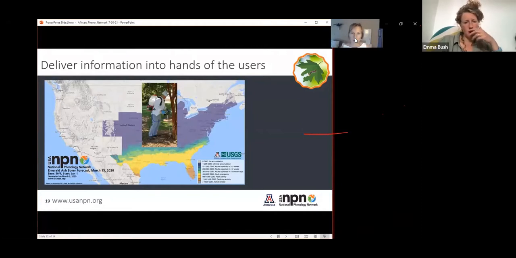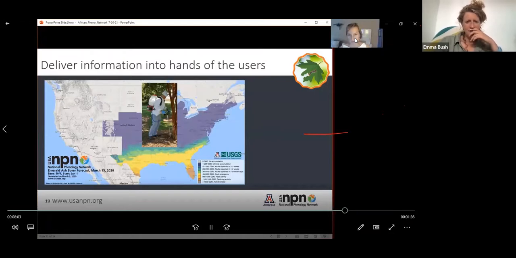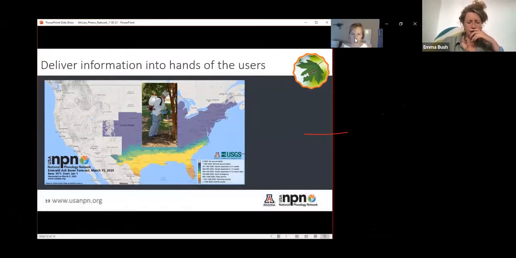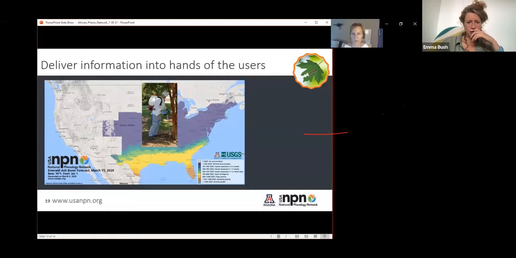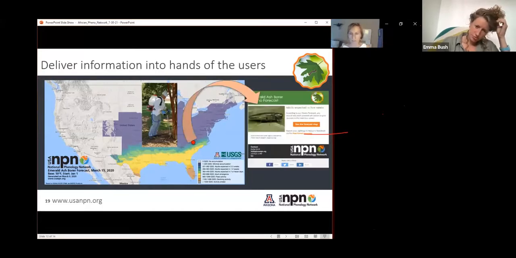So in this case, this is a map for adult emergence in emerald ash borers, which are important problematic insects that managers are trying to control. And what we do is this forecast on a daily basis updates and shows where those insects are expected to emerge. But observers can either come to our website and see those maps, or they can sign up to receive email-based notifications which will prompt them at the proper time to go take the management action that is necessary because of the emerging state of that particular insect.